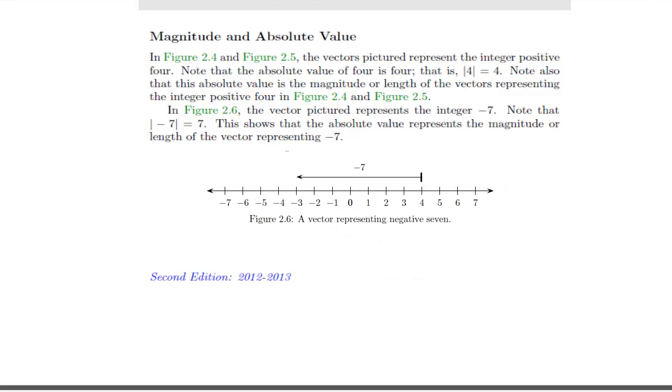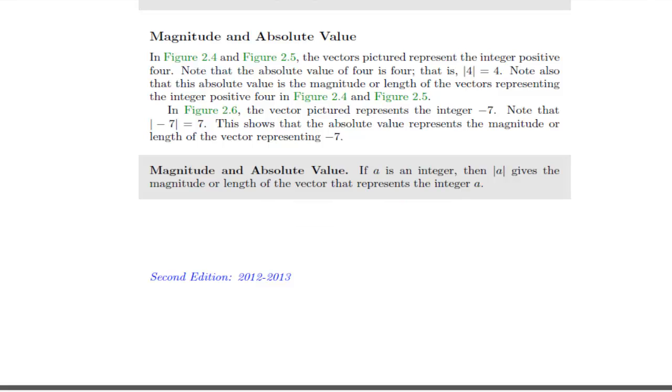In Figure 2.6, the vector pictured represents the integer -7. Note that the absolute value of -7 equals 7. This shows that the absolute value represents the magnitude or length of the vector representing -7. Magnitude and absolute value. If a is an integer, then the absolute value of a gives the magnitude or length of the vector that represents the integer.